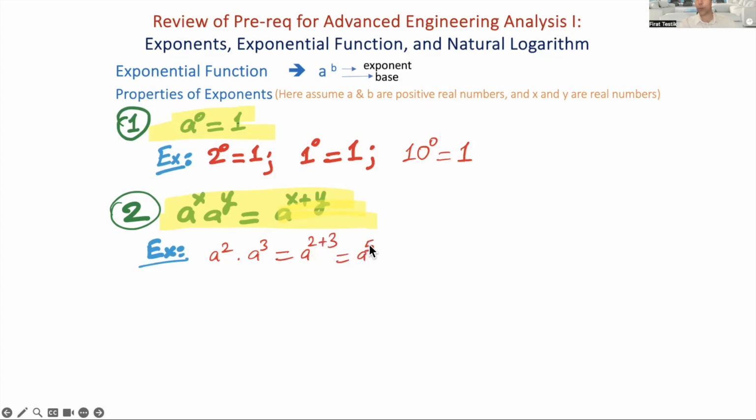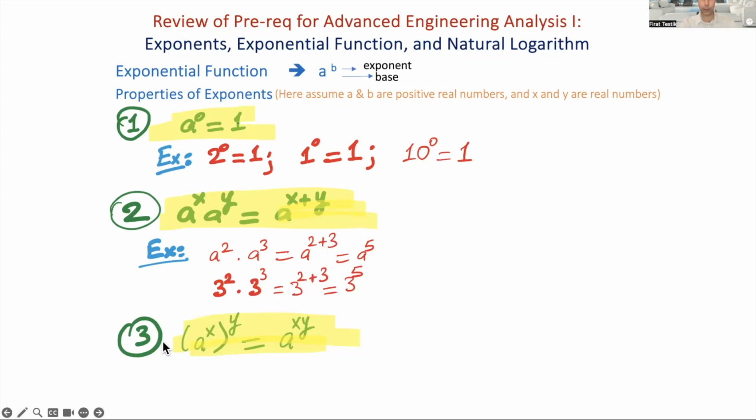So this is equal to a to the power 5. Instead of using a variable such as a, let's use a constant value, let's say 3. So 3 to the power 2 times 3 to the power 3 is equal to 3 to the power 2 plus 3, which is 3 to the power 5.